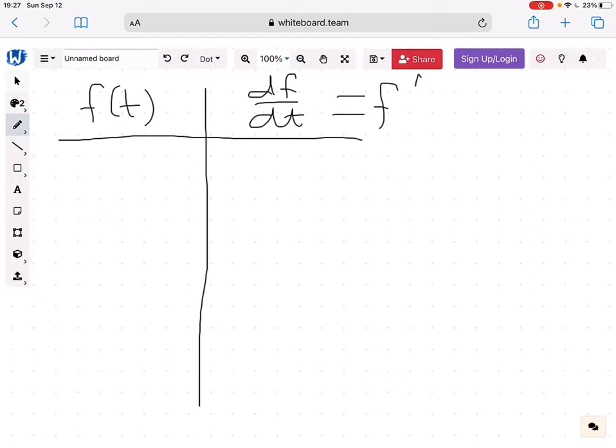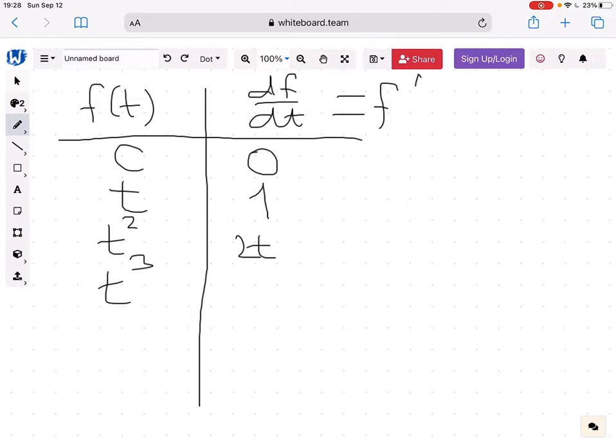So what functions have we looked at so far? We looked at constant. We said the derivative of a constant is 0. We looked at the linear function t. We said the derivative is 1. We looked at t squared. We said it's 2t. We looked at t cubed.